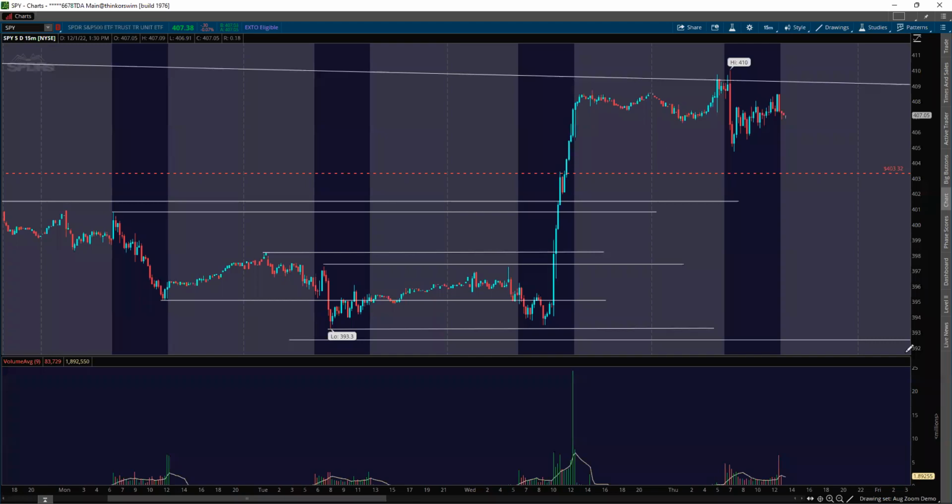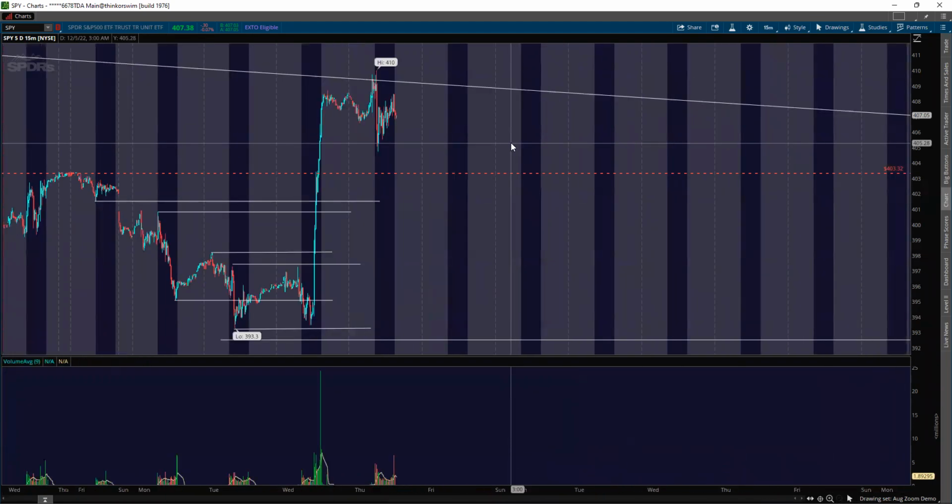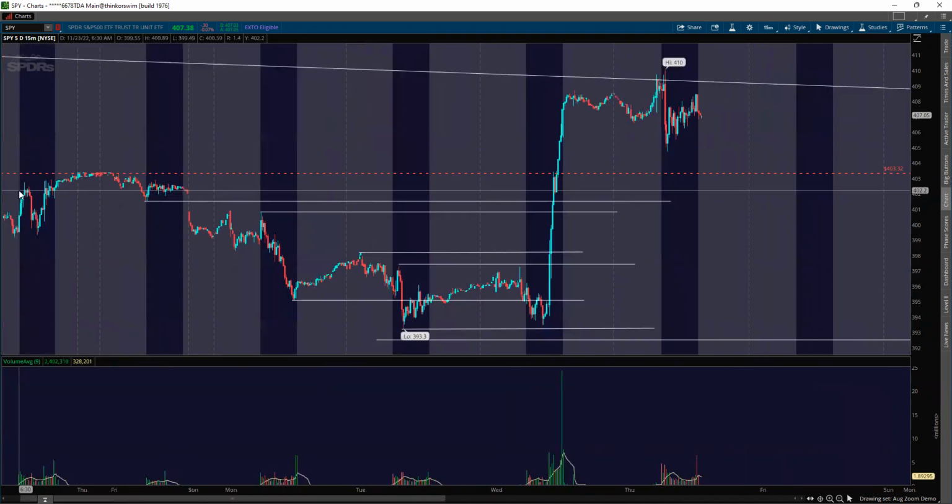I really have a difficult time when I'm trying to break down what we're doing when we're drawing levels, because I always feel like I'm missing something. The concept of literally just looking at the price action seems almost too easy.